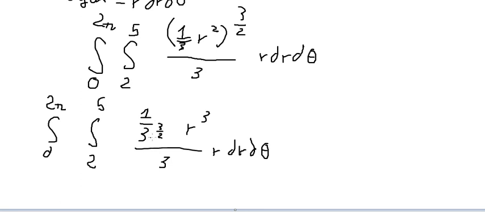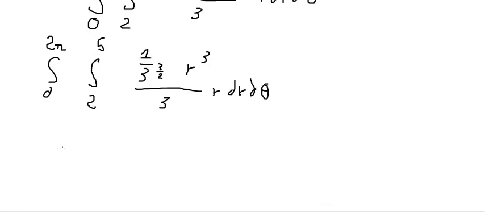So 1 over 3 to the power of 3 over 2 and the 3, I will put outside, and that should be 1 over 3 to the power of 5 over 2, because the 3 in here is 3 to the power of 1, and 3 over 2 plus 1 gives 5 over 2.